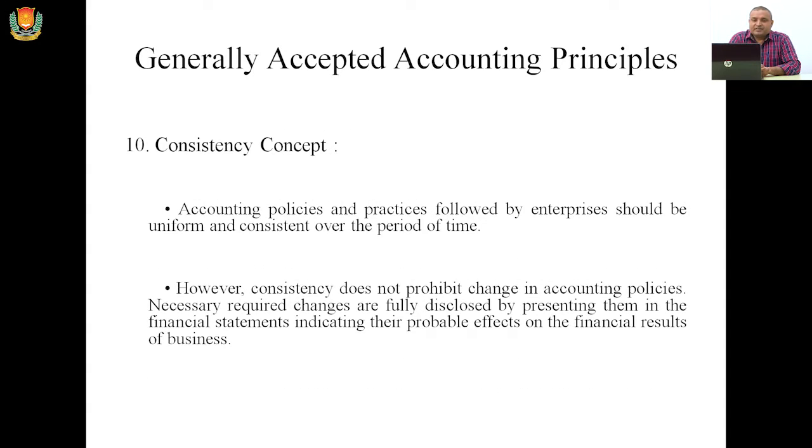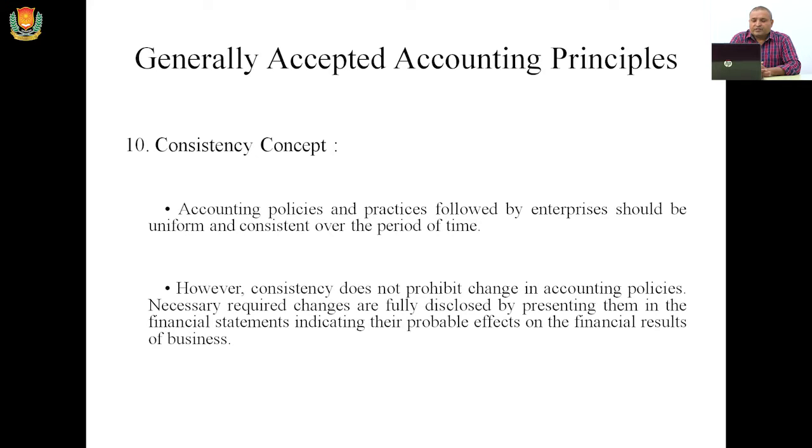Next is the consistency concept. A policy, a procedure, a method, once adopted, should not be changed from time to time. Any method adopted once should be followed year after year. That should be followed consistently by the business enterprise. It should not be changed unnecessarily.